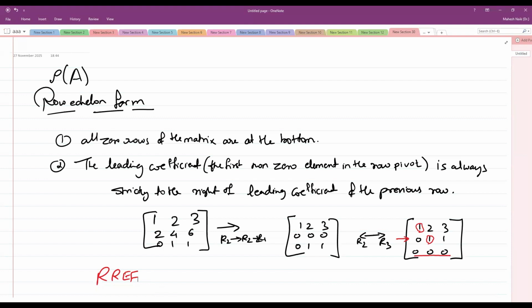So row echelon form and row reduced echelon form are both the same, except that in row echelon form there is no compulsion of the number being 1, whereas in row reduced echelon form, it should be equal to 1. Okay. Let's quickly look at some properties of rank in addition to what we saw yesterday.